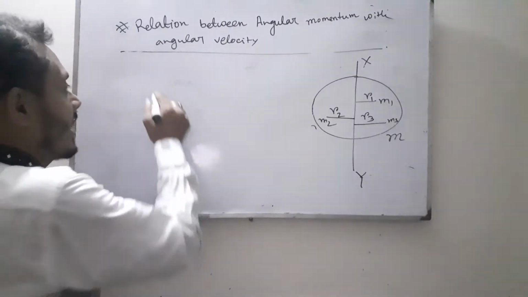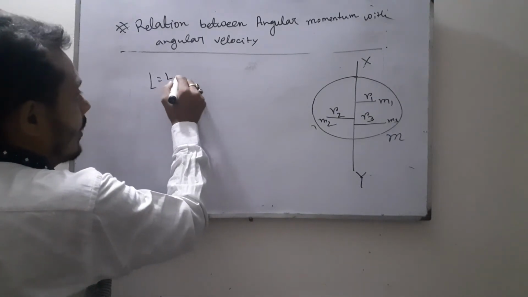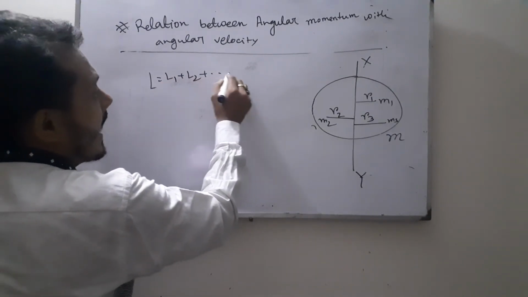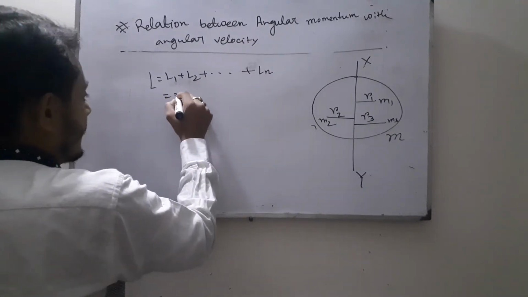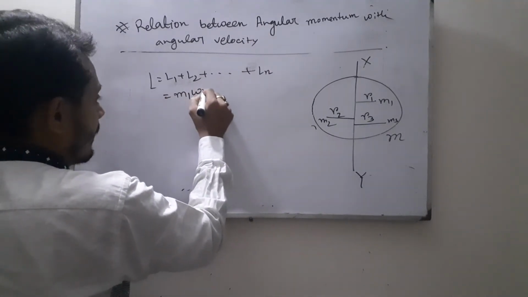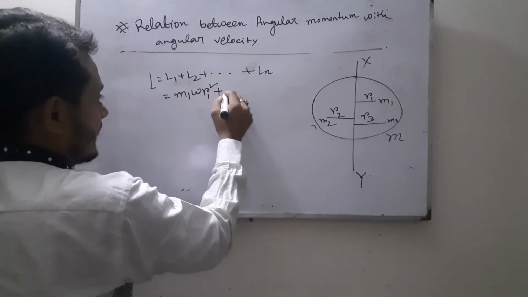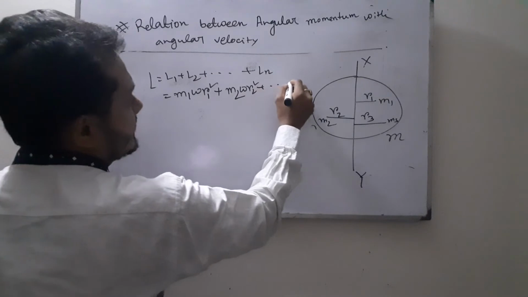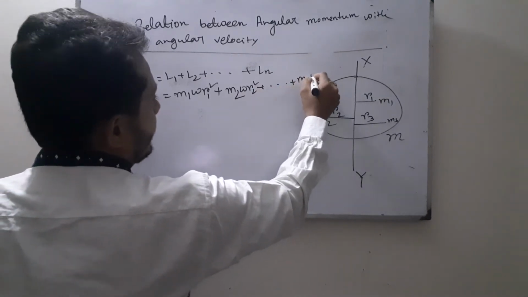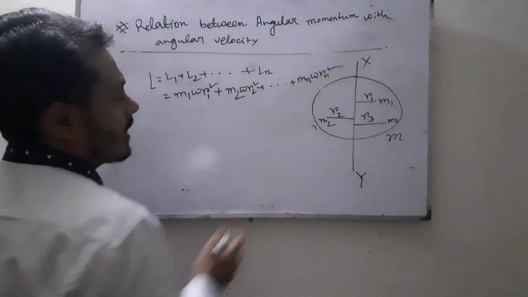So students, the total angular momentum L equal L1 plus L2 plus Ln. We put the values: m1 omega r1 square, plus m2 omega r2 square, plus mn omega rn square.